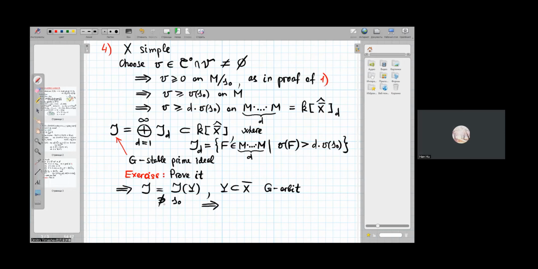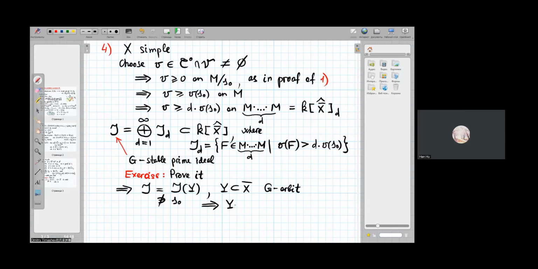Since the vanishing ideal does not contain S0, the orbit Y on which this ideal vanishes is not contained in the vanishing locus of S0.